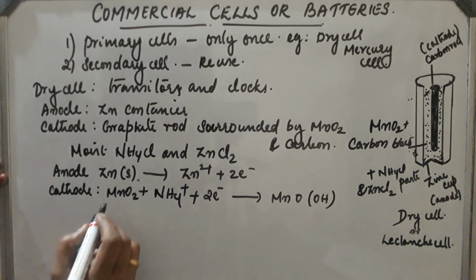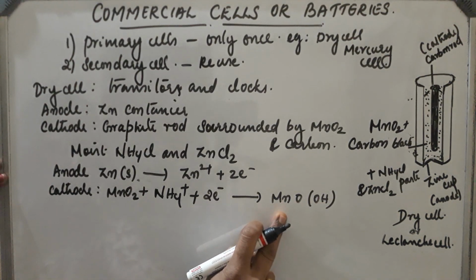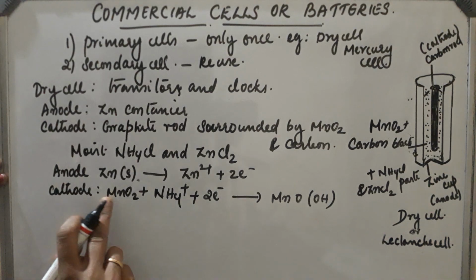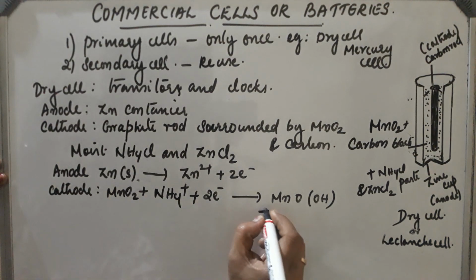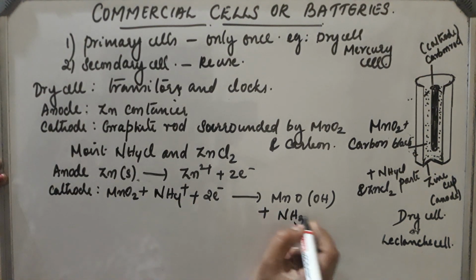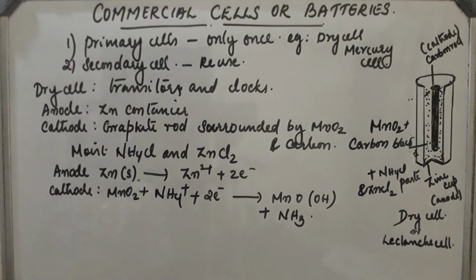Here the oxidation state Mn +4 gets converted into +3, and ammonia gas is liberated. This is the reaction taking place at the cathode and anode.